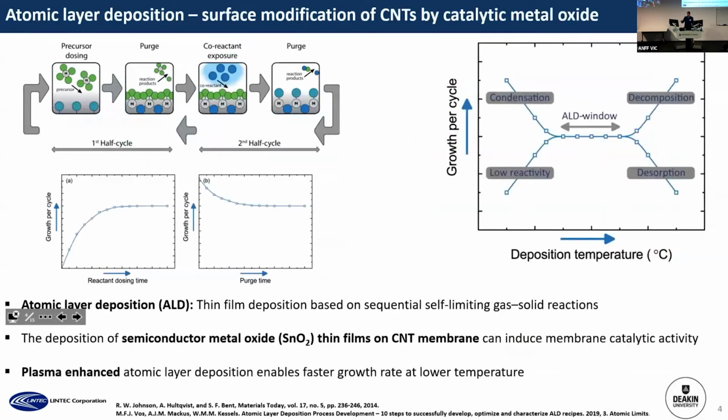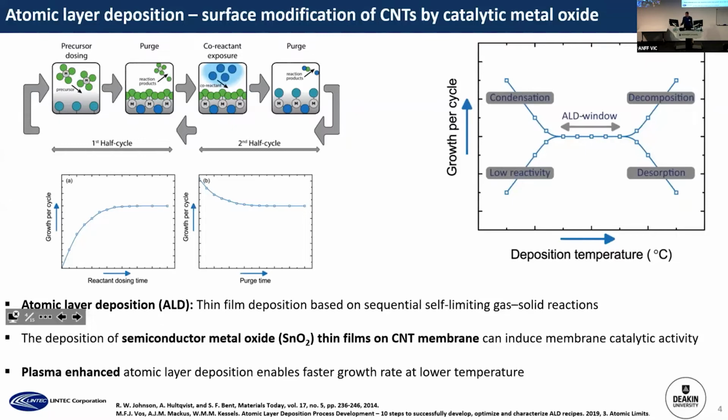We need to add a catalyst layer on top of the CNT membrane surface, and we have selected the atomic layer deposition technique because it's a very precise technique that can produce a very thin layer of catalyst metal oxide on top of the CNT surface. It's actually a vapor-based deposition technique based on the pulsing of chemical precursors separated by purging of inert gas.